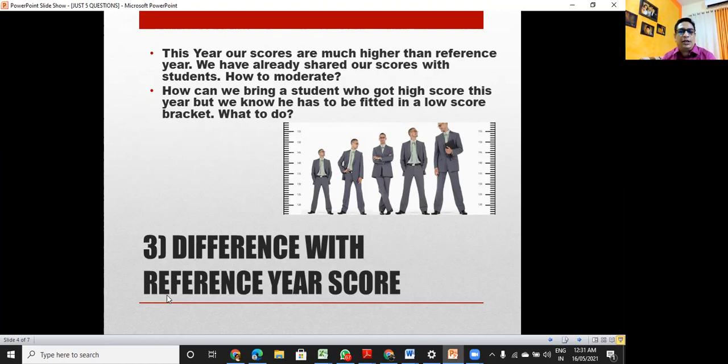When that was the case, what was the score of the child? If you take that score into account, it is a much more valid and reliable score. For example, I am just using my annotation tool over here.